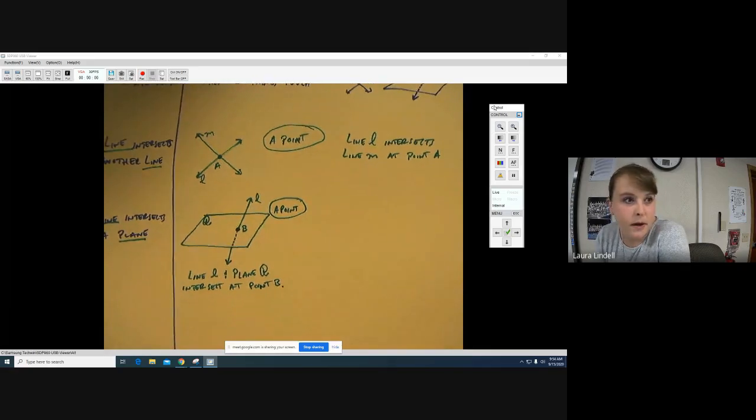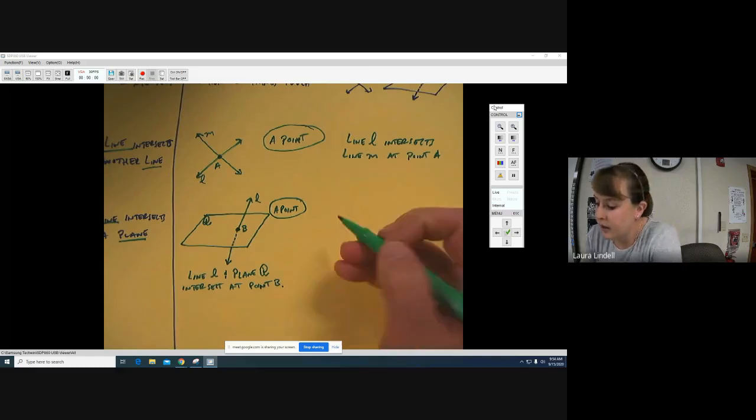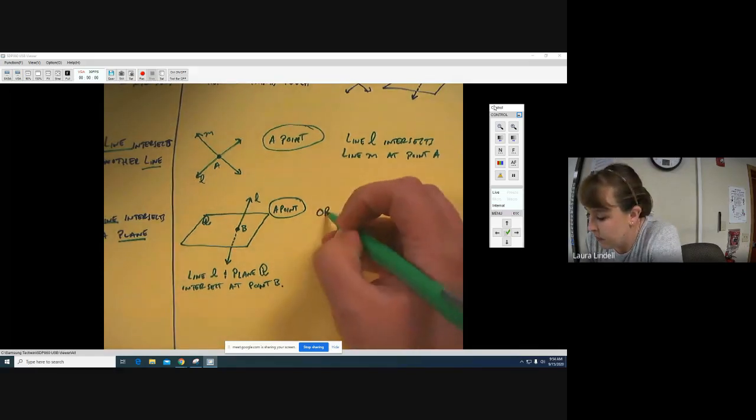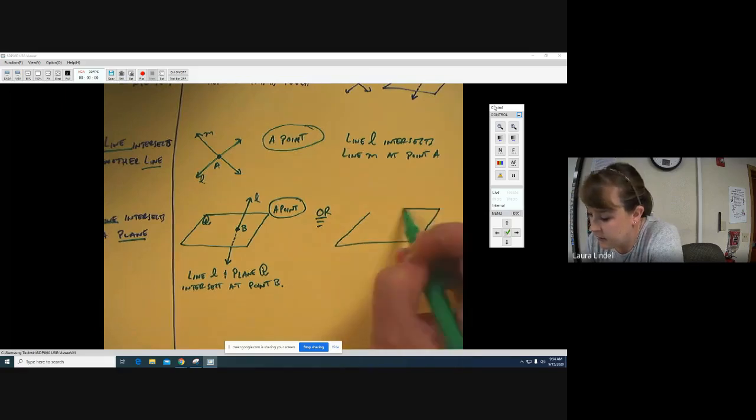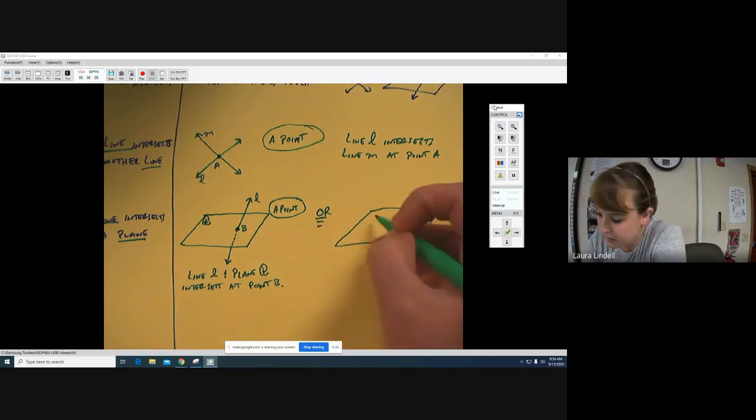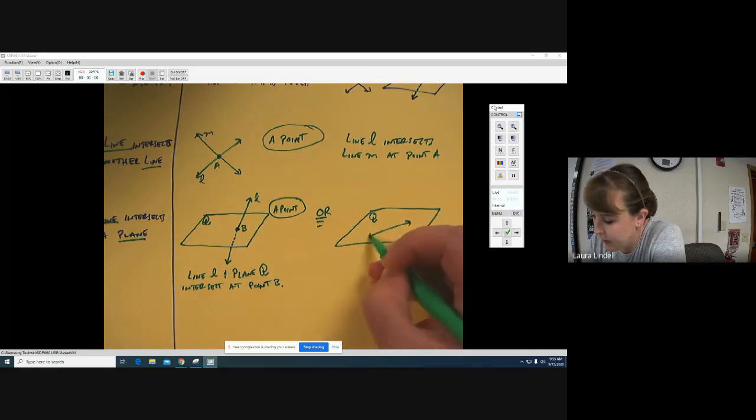But there is one other possibility. The other possibility here is kind of like the picture that we saw in our warm-up, where the line was just laying down flat in the plane. So our second option is something like this, where we've got a plane, we'll call it plane Q, and we have a line just laying down in it.